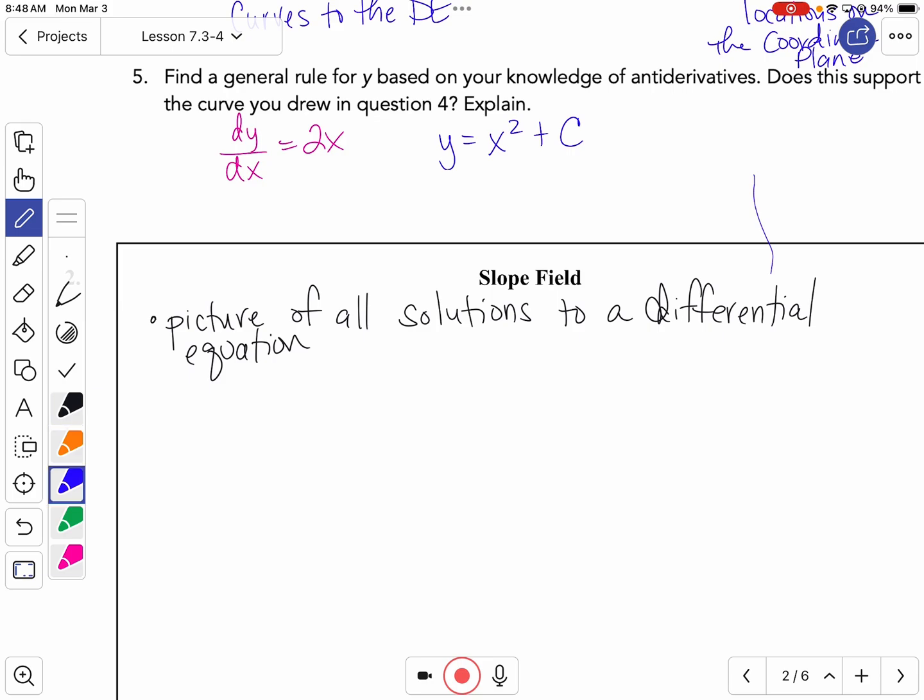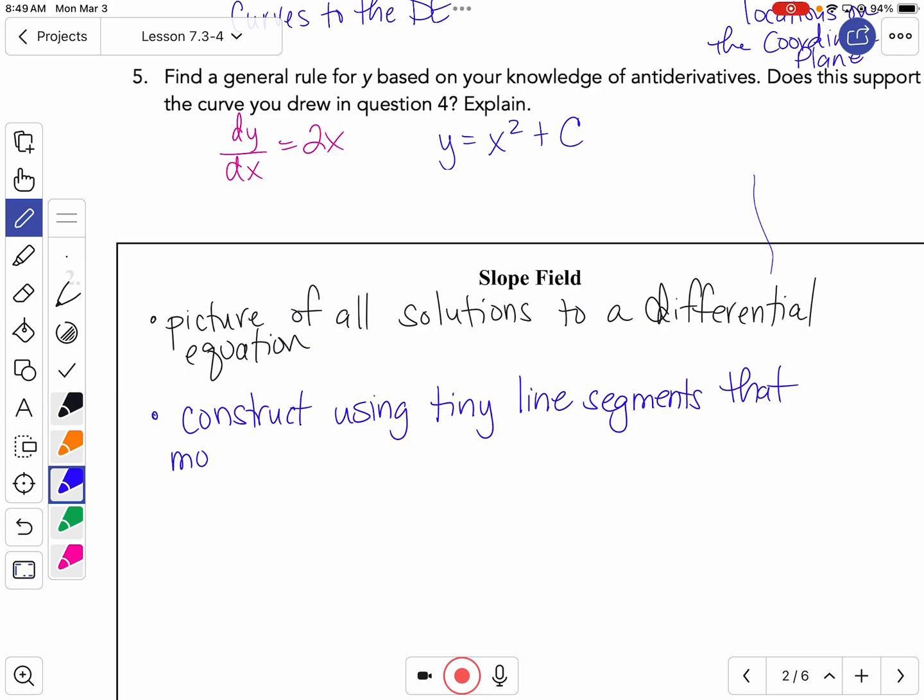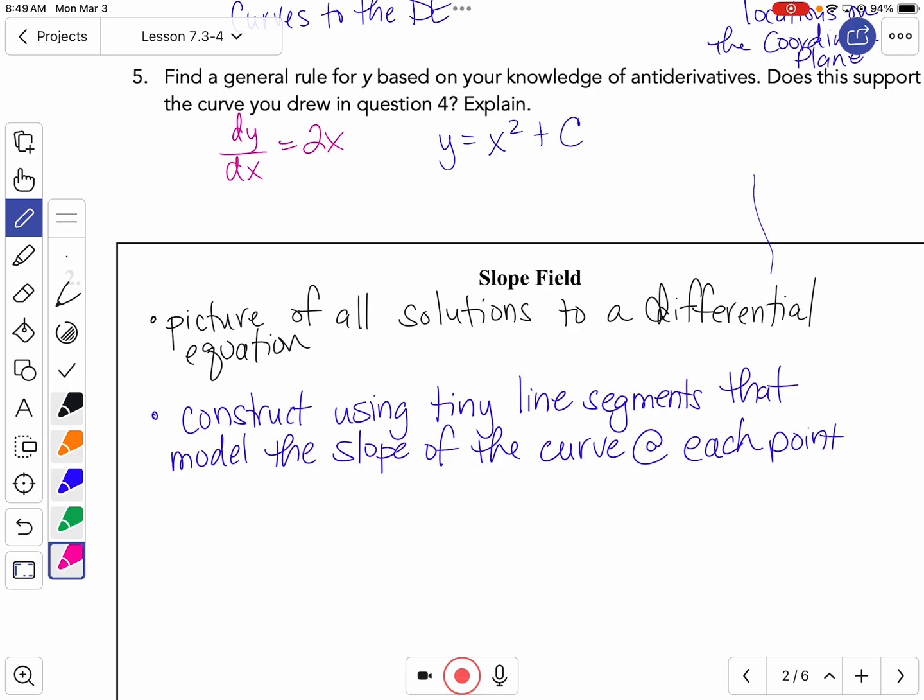We construct it using tiny line segments that model the slope of the curve at each point. And so we use dy/dx.